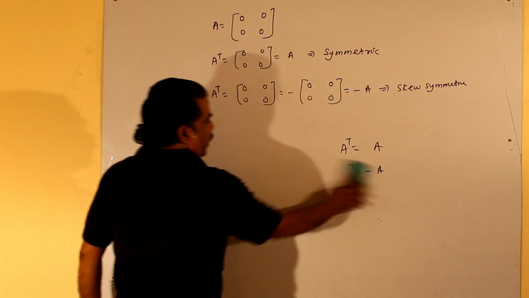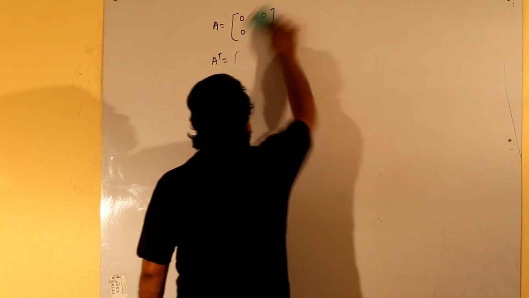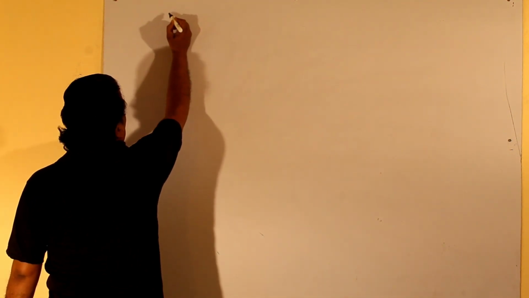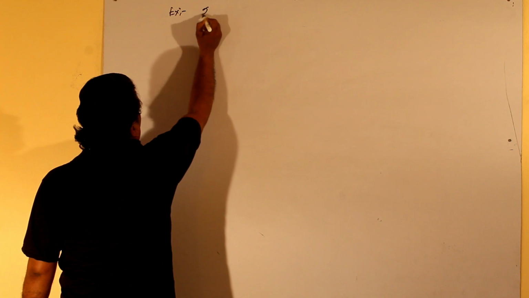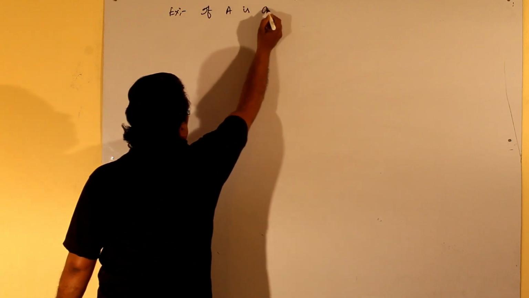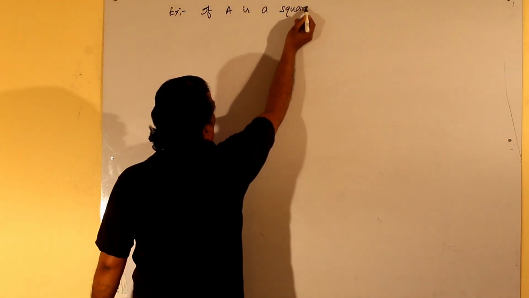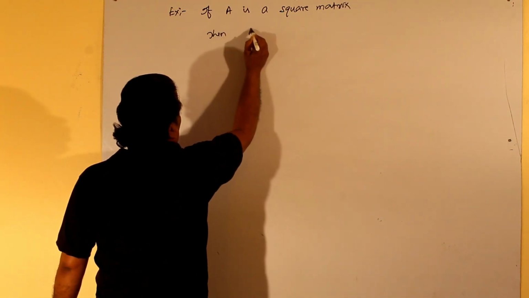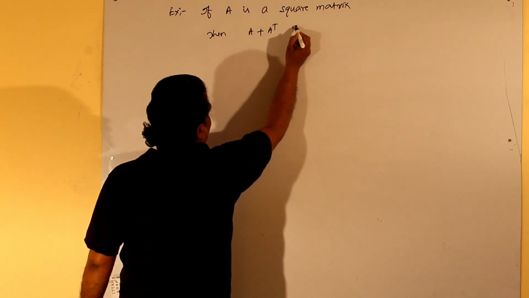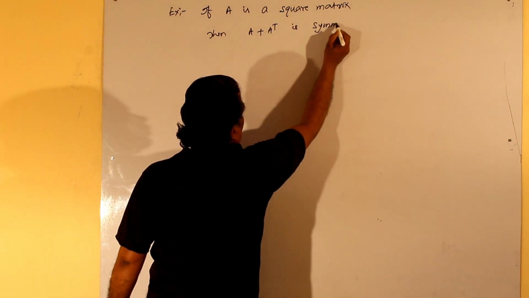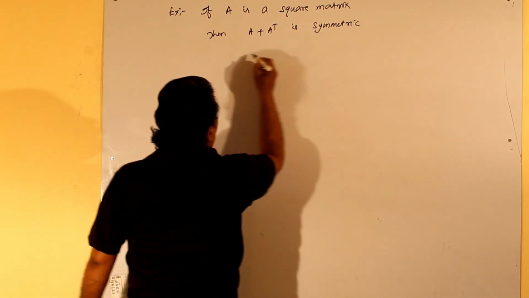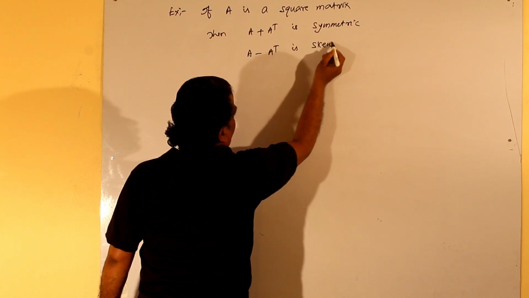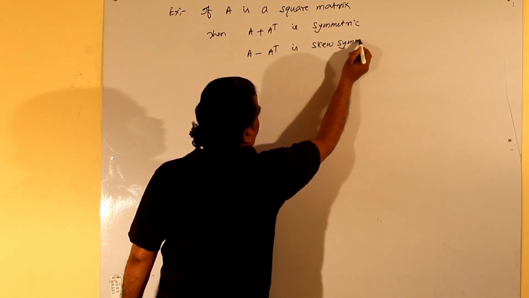Now, if A is a square matrix, then A plus A transpose is symmetric, and A minus A transpose is skew symmetric.